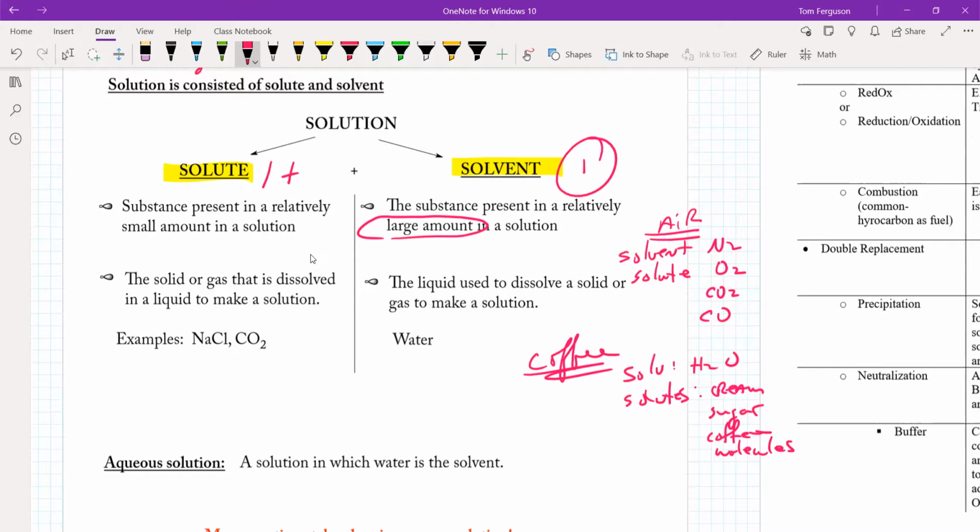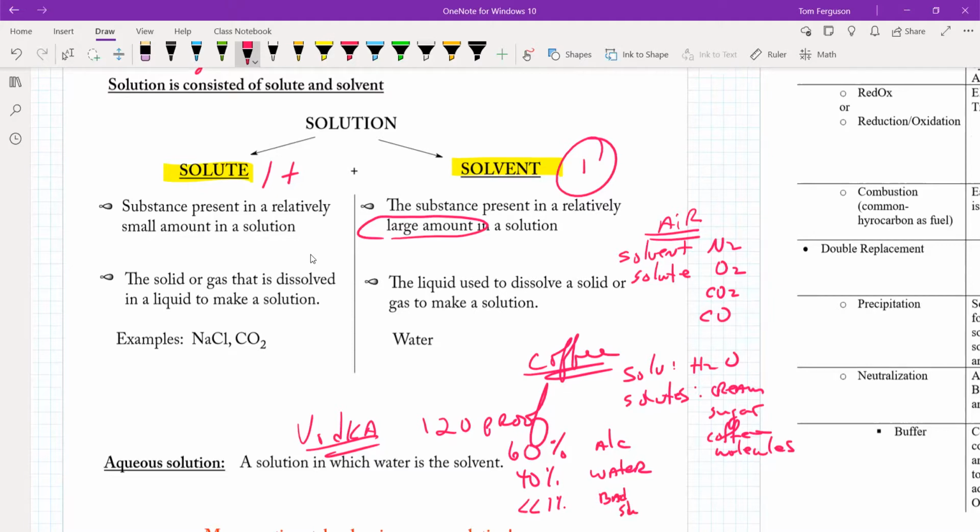For example, let's look at 120 proof vodka. That is 60% ethanol alcohol, 40% water, and a lot less of other things, bad stuff that gives you hangovers, things like methanol, terpenes, a whole bunch of stuff.